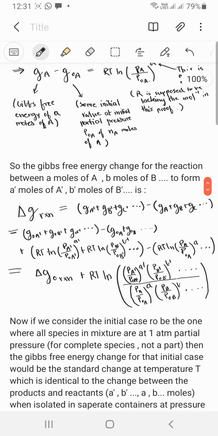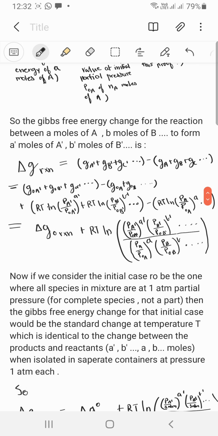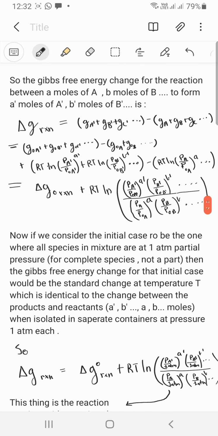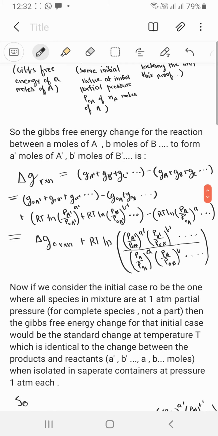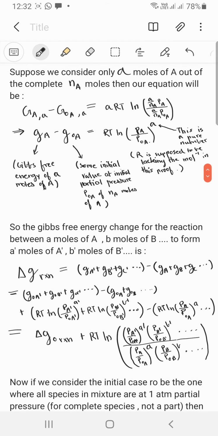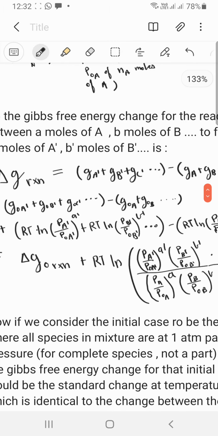Next, the Gibbs free energy change for the reaction between a moles of A, b moles of B, to form a dash moles of A dash, b dash moles of B dash, where A dash, B dash are the products. Okay, so for that chemical reaction, we have the delta G reaction being equal to the sum of the Gibbs free energy of the products minus the Gibbs free energy of the reactants, which using our formula that we just derived can be written like this.